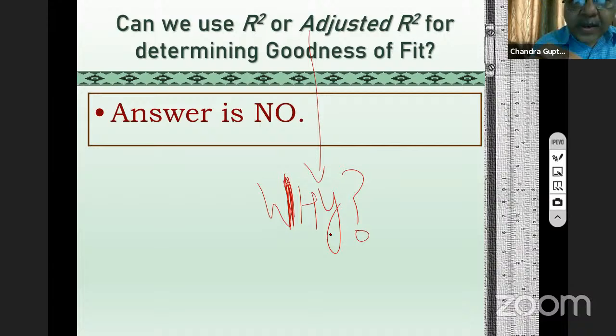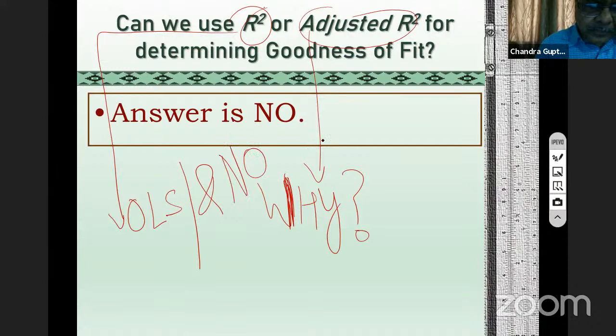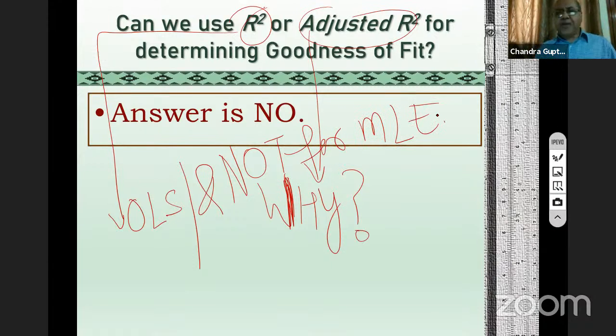Because R square and adjusted R square are meant for OLS and not for maximum likelihood estimates. And therefore, you cannot decide on the basis of R square or adjusted R square which model is a good model.